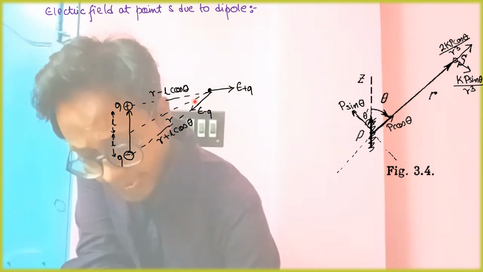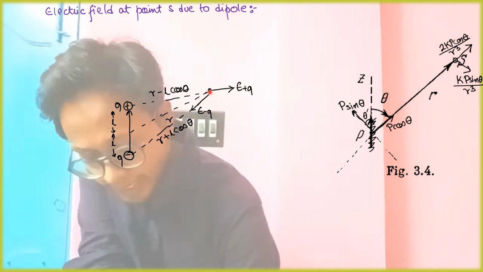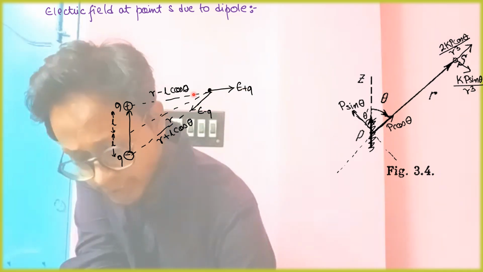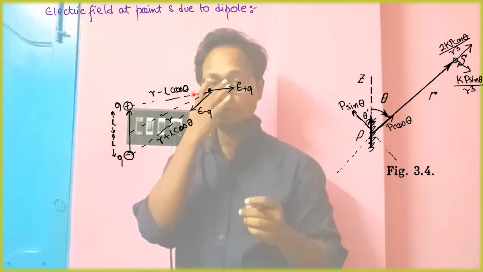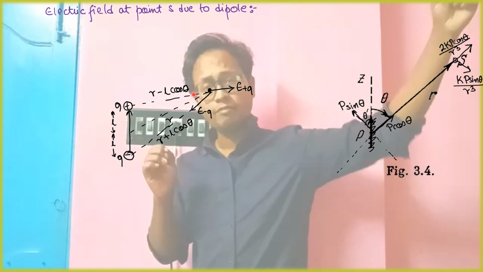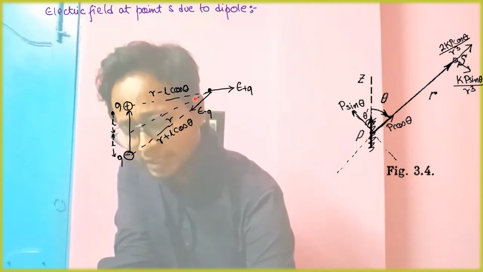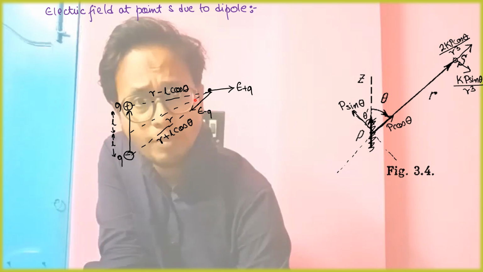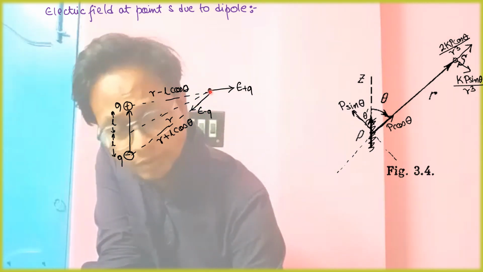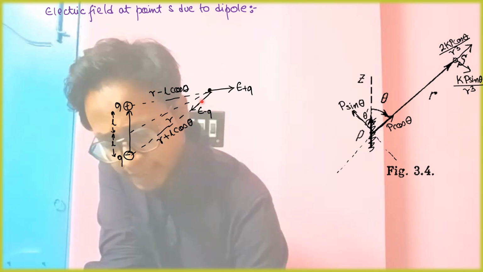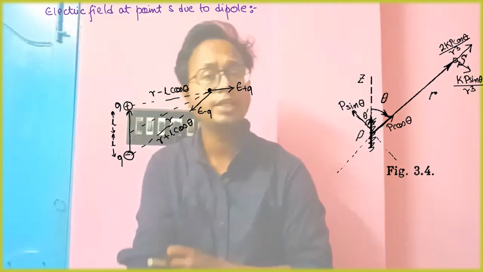If this angle tends to 0, can I say that E plus Q and E minus Q are collinear? As I go further and further away, this angle decreases and decreases, up to a point where it tends to 0, and then these electric fields can be assumed as collinear.